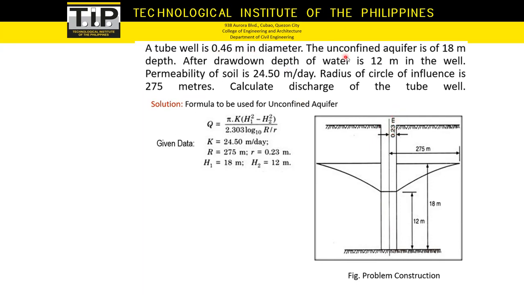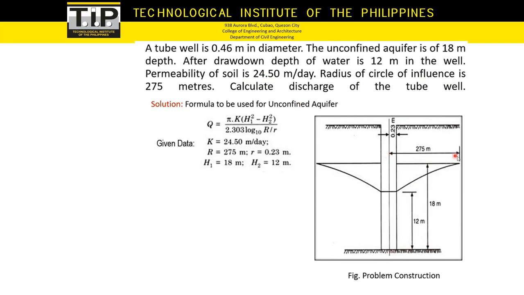The unconfined aquifer has a depth of 18 meters, from the initial water level to the bedrock. After drawdown, the depth of water is now 12 meters. So, this is the initial, and this is the final. Given the permeability K of 24.5. The radius of the circle of influence is 275. That is the big R.